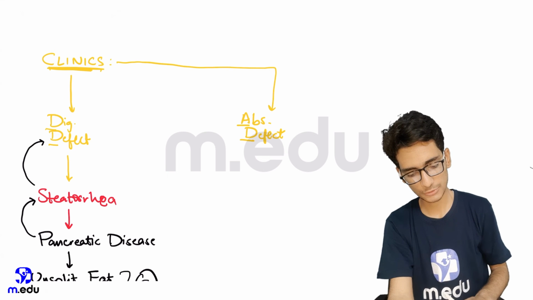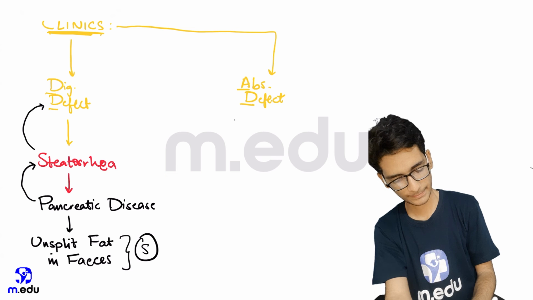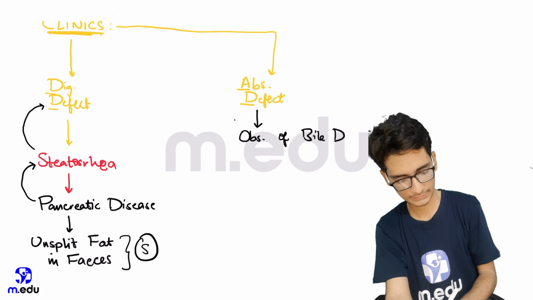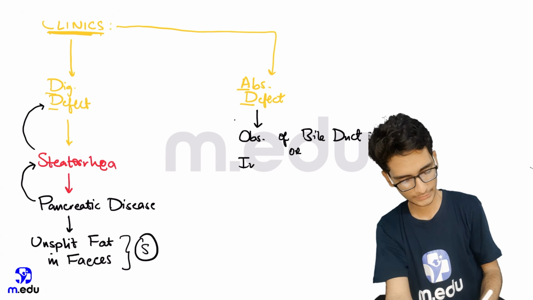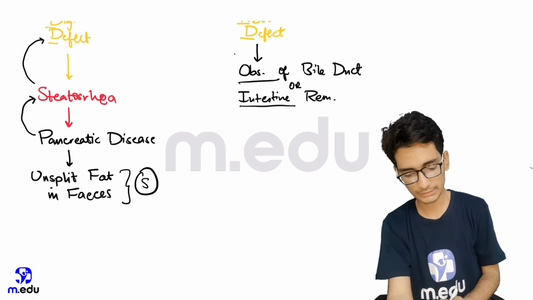While in absorption defect we have some obstruction of the bile duct or intestine removal. Obstruction of the bile duct and intestinal removal.